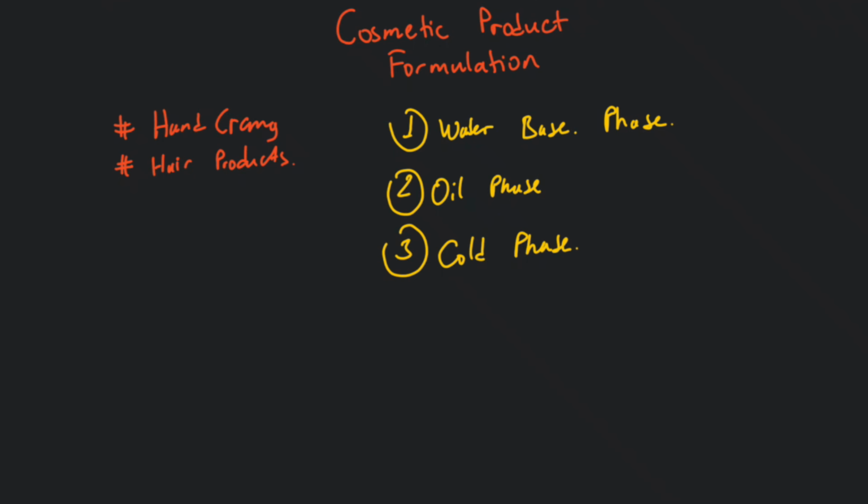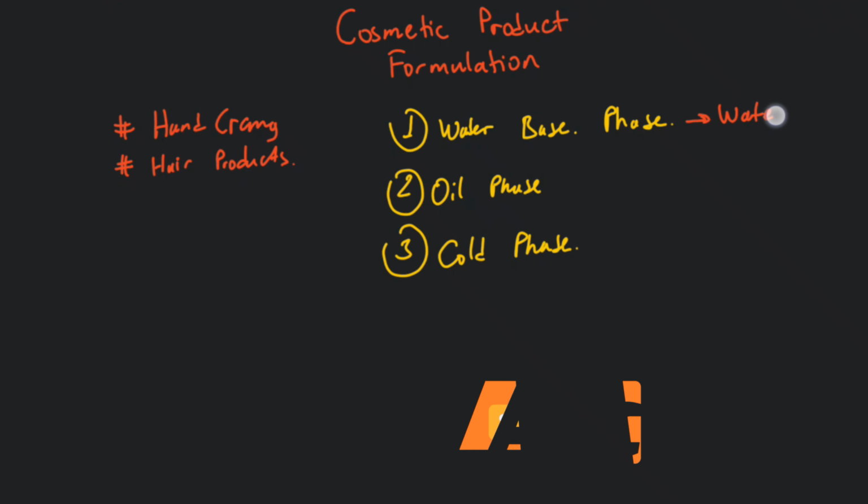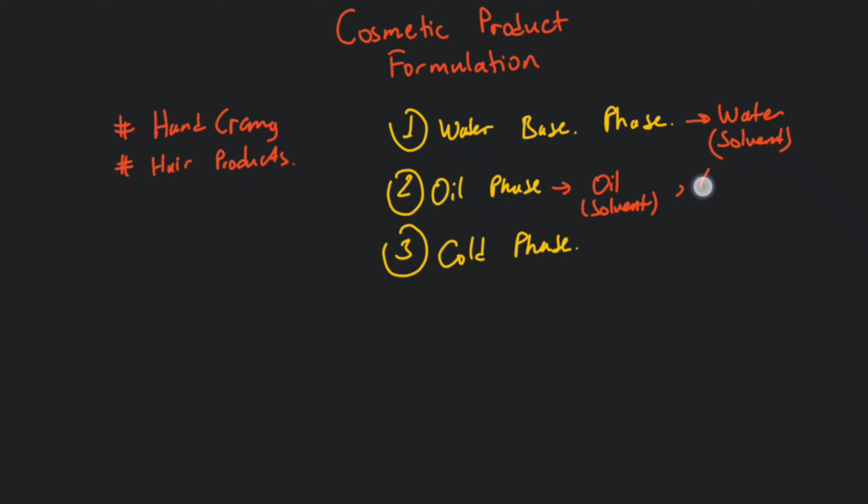In the water phase, we basically need, of course, water, which is our solvent. And in the oil phase, oil is our solvent. There might be more than one oil, of course, but oils are the solvent. In the oil phase, we also include an emulsifier.